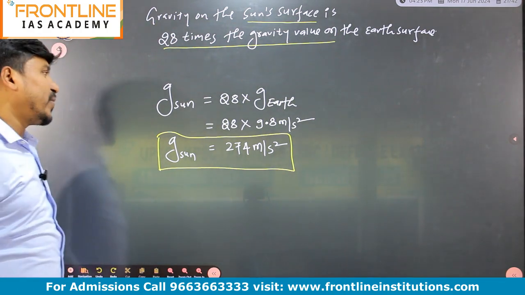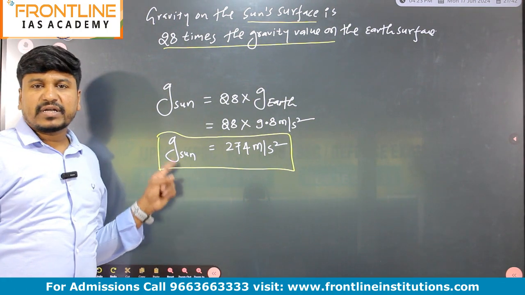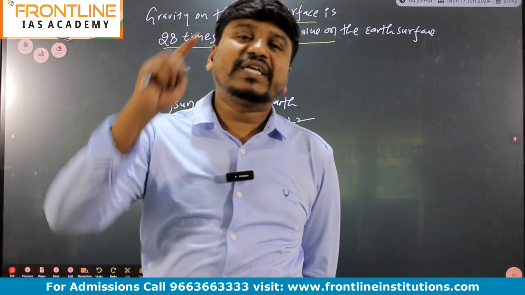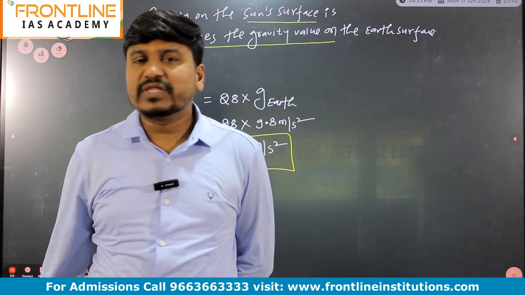Very important. So if you get the question, what is the gravity value on the sun surface, it is 28 times more than the gravity value on the earth surface.